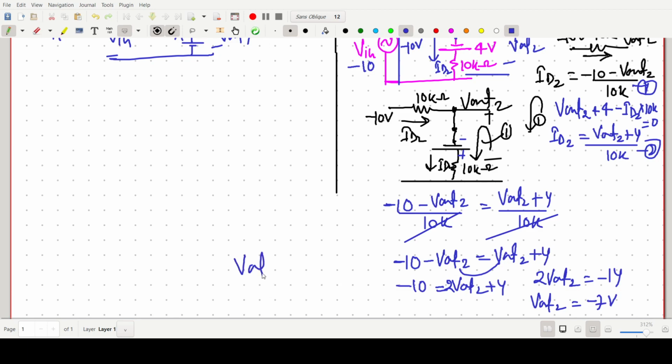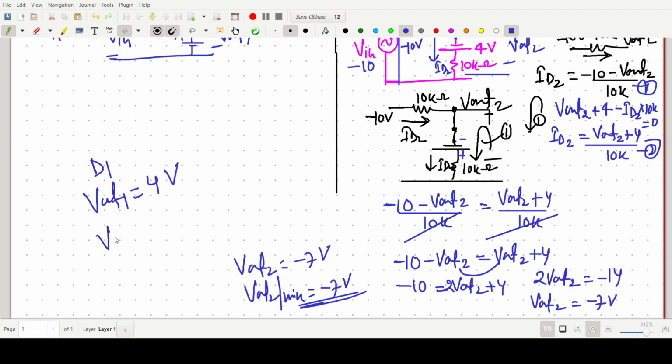So V output 2 is minus 7 volt. So we can say the minimum value of V output 2 is minus 7 volt. The maximum value of V output 1, due to diode D1, will be 4 volt, and V output 2 goes to minus 7 volt for D2. This is the maximum and minimum value.